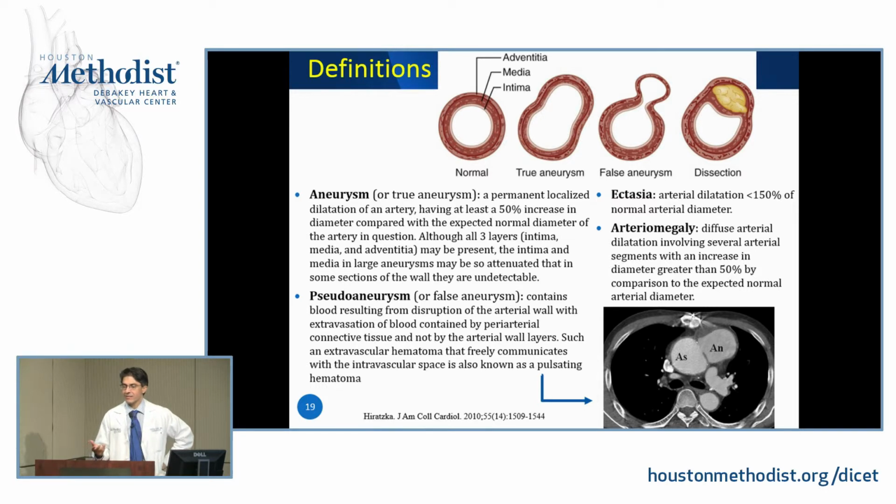I don't think that's correct, at least for the thoracic aorta. The true definition is 50% greater than normal. Pseudoaneurysm is when you don't have all three layers. Usually you have a rupture of the artery, and that one layer that looks like it's containing the vessel is really just adventitial tissue.